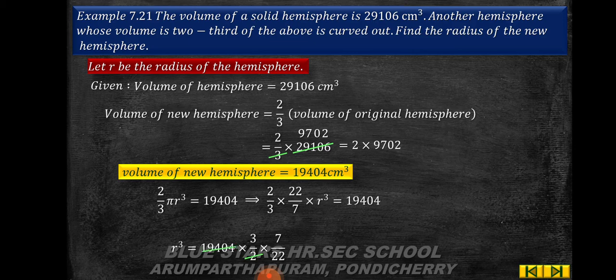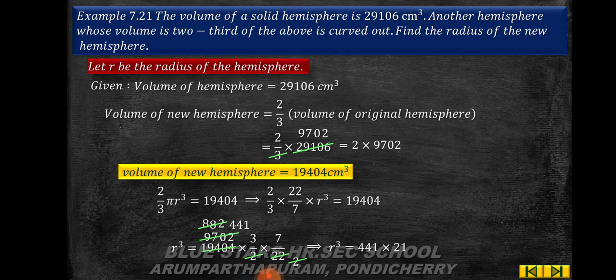So cancelling 2 and 19,404, you get 9,702. Again cancelling 22 and 9,702, you get 882. Again cancelling 2 and 882, you get 441.